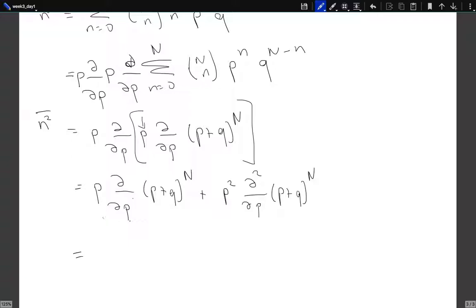This is equal to, now let's start with this one. This is p times n times p plus q to the power n minus 1, plus p squared. Well, if I take the derivative twice, it is just n times n minus 1 times p plus q to the power n minus 2.